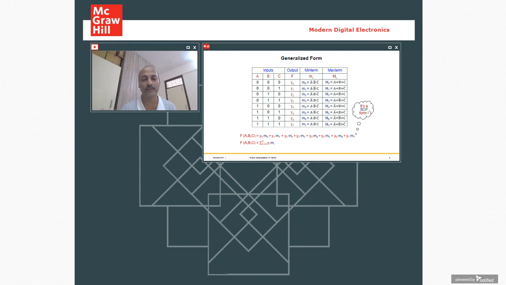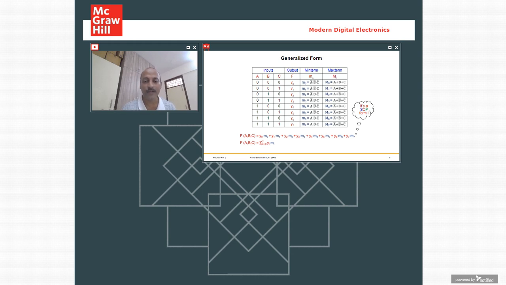In this case, it is 7. So 0 to 7, covering all the possibilities. And then we can simply write yi product mi. So this becomes a generalized format. So now you can write all 256 expressions in this way. And then you can say that f0 is a function like this, f1 is a function like this, f2 is a function like this, and so on.